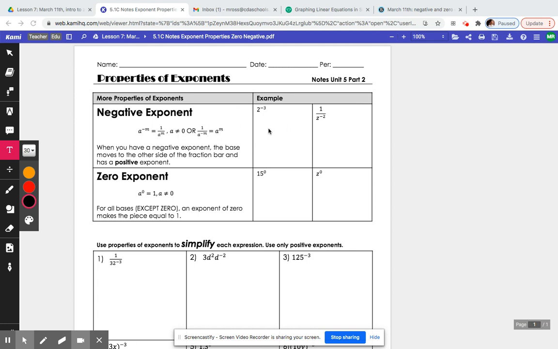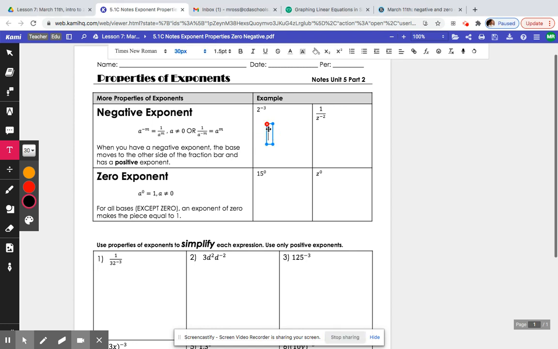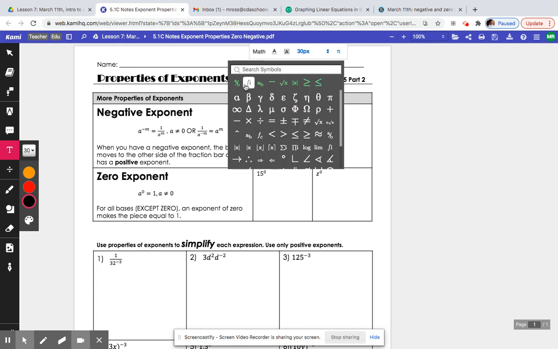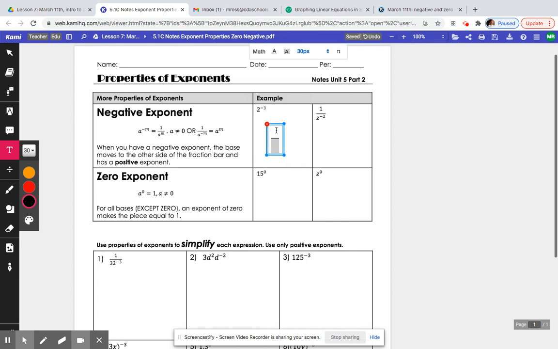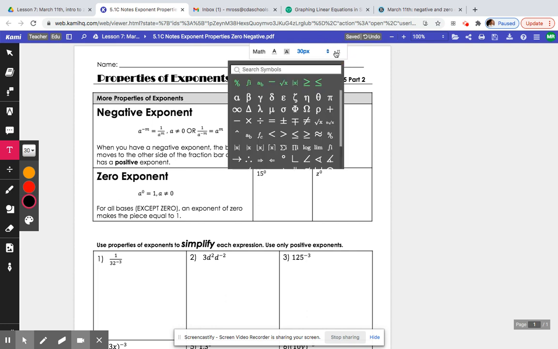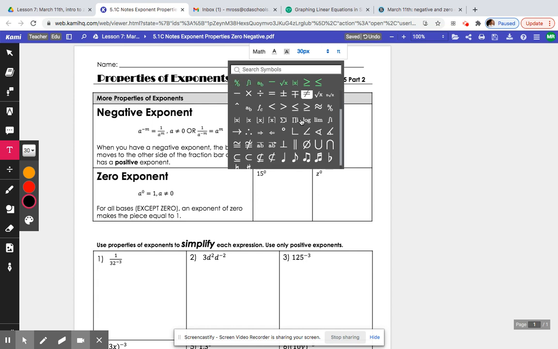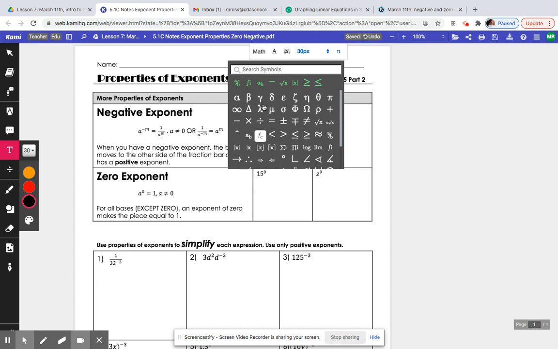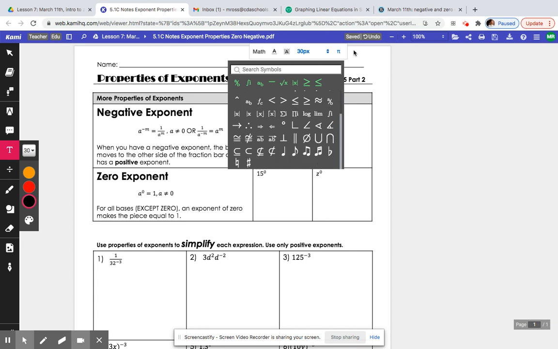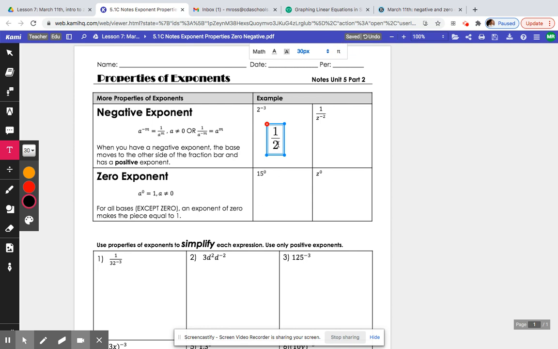If we have 2 to the negative third power, we change that to 1 over 2 to the third power. We could reduce that a little farther, 2 times 2 times 2, but we don't have to.